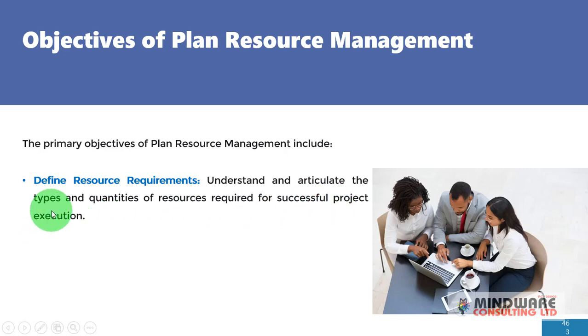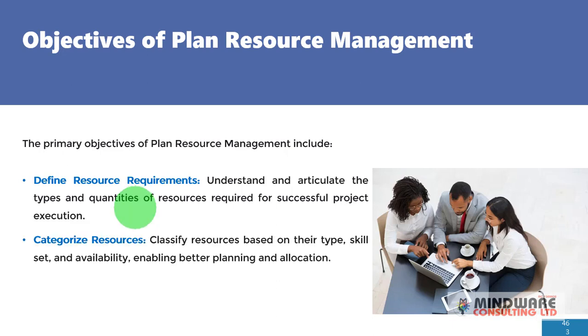So what type of resources do you require? Are they human resources? Are they materials? Are they equipment? Information? What type of resources exactly? And in what quantities do you require each of these resources?